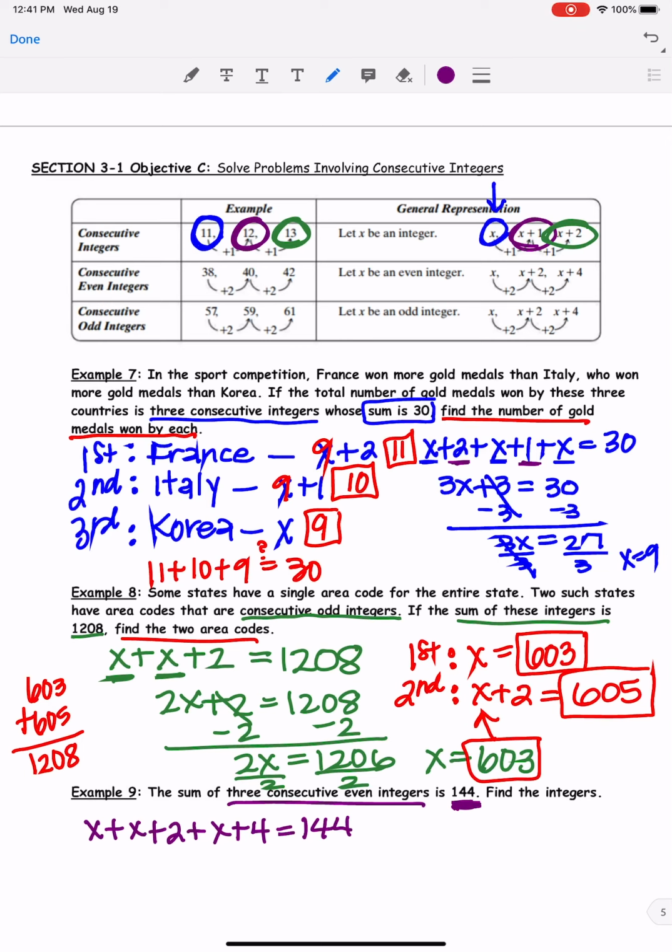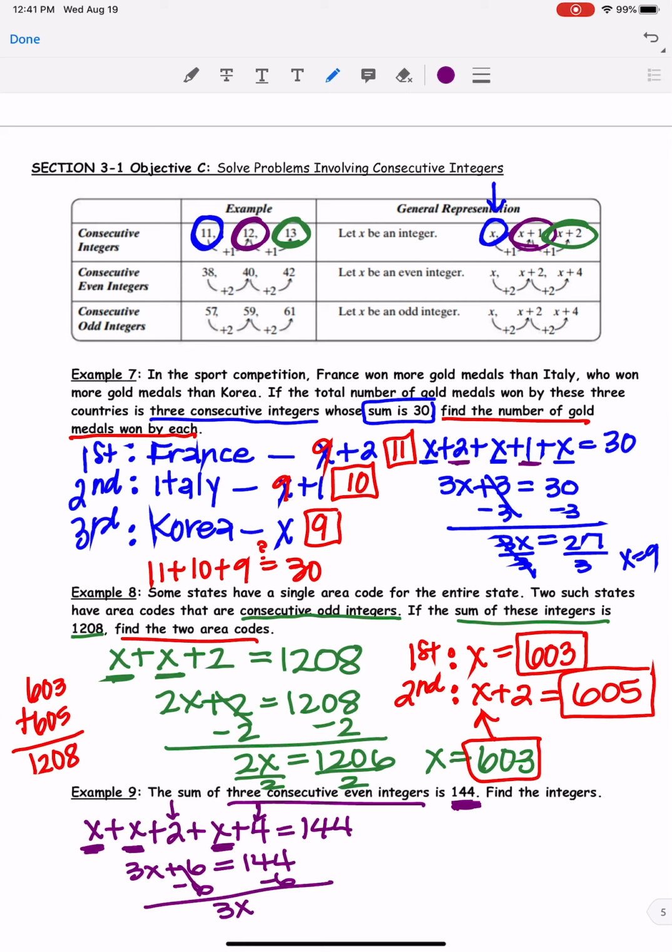So we have x plus x plus x. That's going to give me 3 x's, plus 2 plus 4 gives me 6, and that equals 144. Subtract your 6 over.